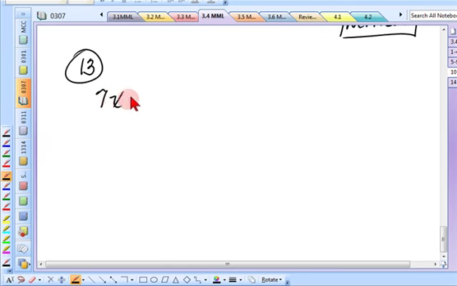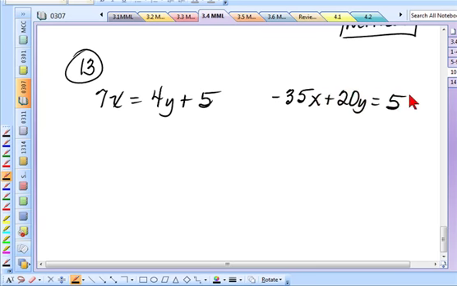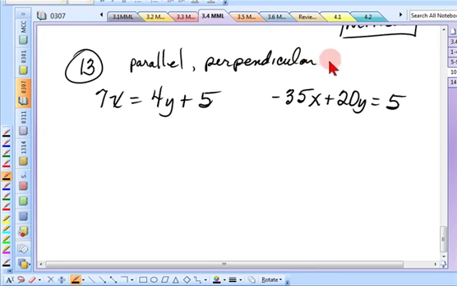I have 7x is equal to 4y plus 5, and the other line is negative 35x plus 20y is equal to 5, and it wants to know if they are parallel, perpendicular, or neither.